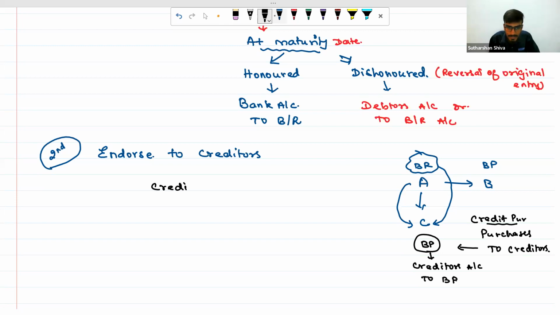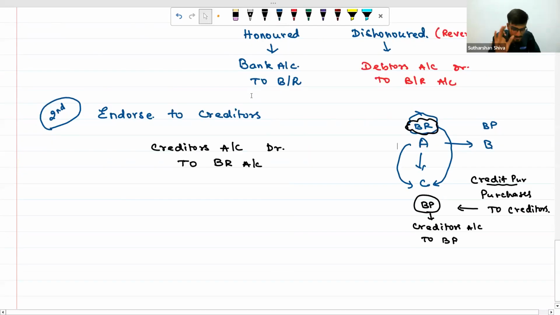My creditors balance will come down, my liability reduces. Liability reduces, so I am going to debit creditors account, debit to bills receivable account, because I am only transferring the bills receivable, correct?